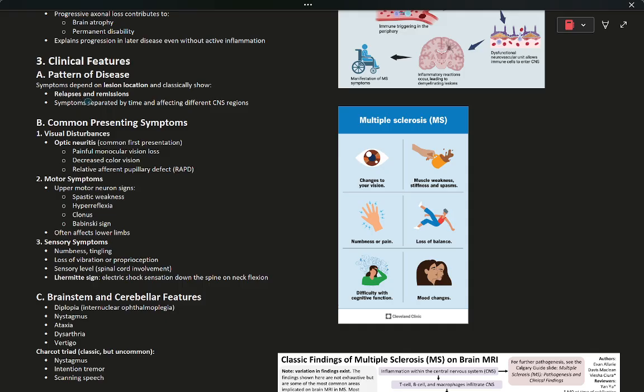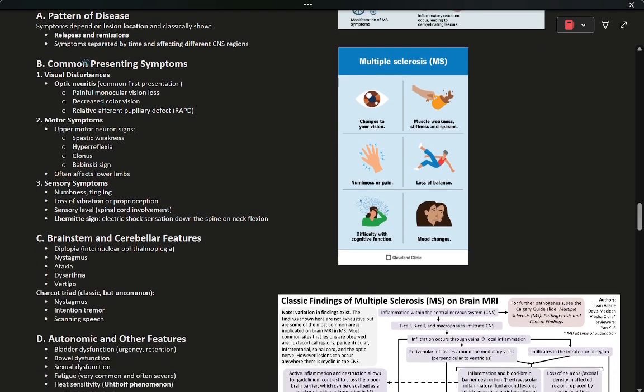And remember when I said that the lesions are separated by space and time? That is basically the primary characteristic of multiple sclerosis. So once again, there's relapses and remissions. Symptoms will be separated by time and space.